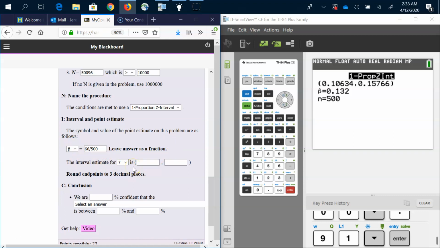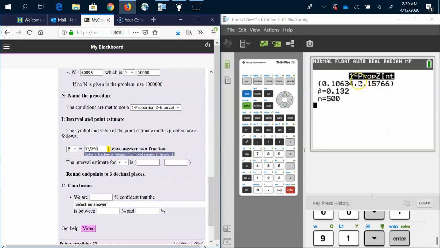If you wanted to reduce that, we could divide both by 2. I'd have 33 over 250. So I'll go ahead and reduce this: 33 over 250. Now let's just say you're not confident in reducing this. I'll show us how to reduce that in a second on the calculator.